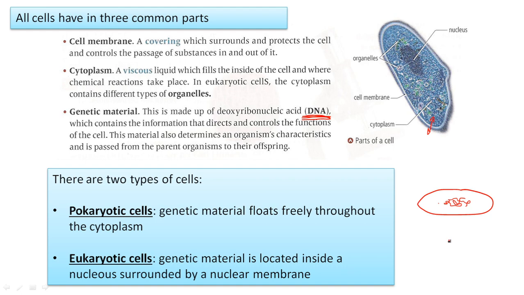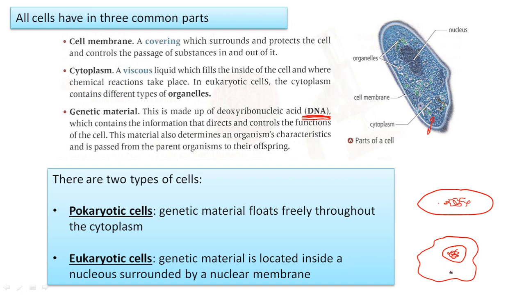And the updated version of the prokaryotic cell is the eukaryotic cell. The eukaryotic cell has a membrane, a cytoplasm, but also it has another membrane which is called the nucleus. And inside the nuclear membrane, we have the DNA protected with this membrane, right?